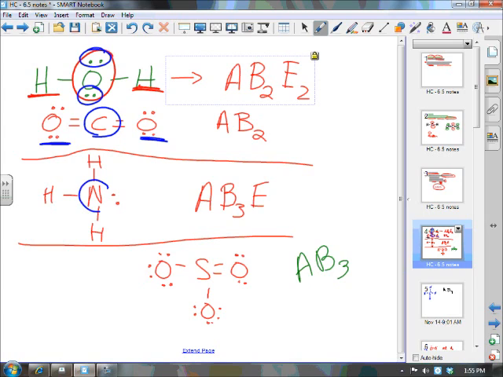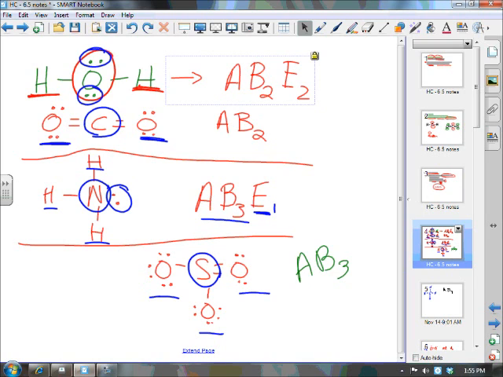We have a center atom, A. Three other atoms attached to it, B3, and a pair of electrons on the center atom, so E1. Again, it stands for a pair. The last one, I have SO3. I have a sulfur in the middle, bonded to three other atoms. There's our B3. And if we notice, sulfur does not have any lone pairs of electrons on its structure.